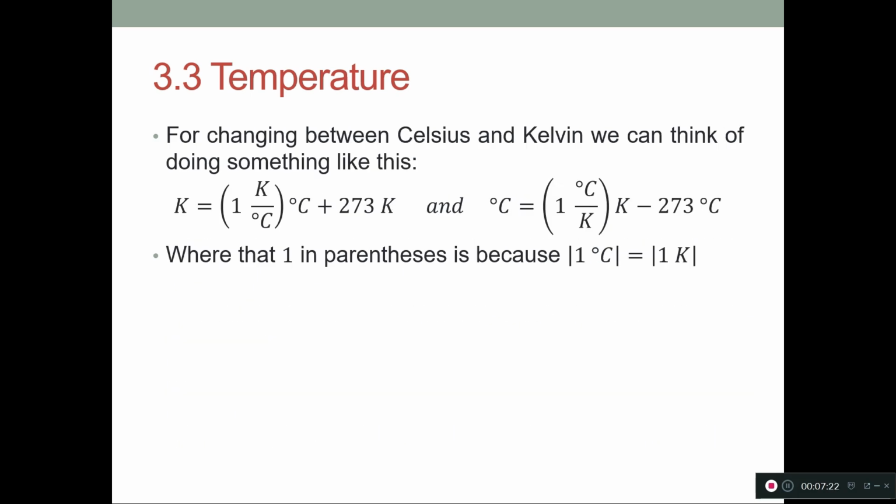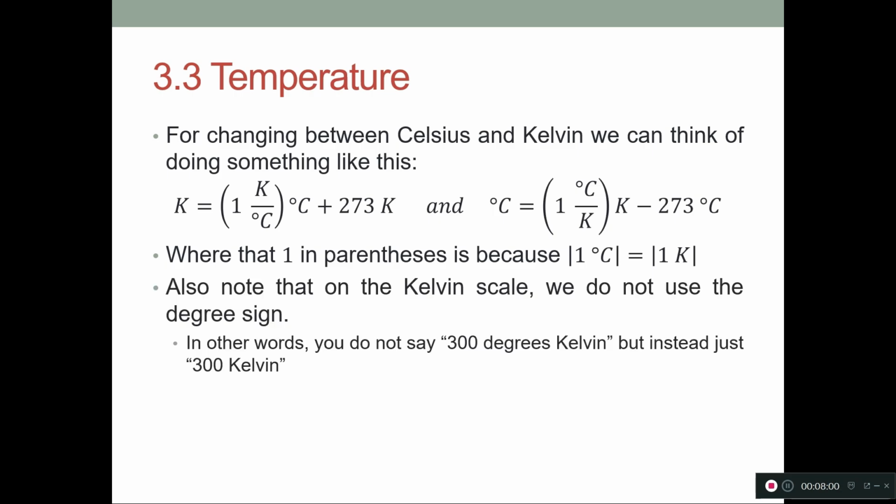And then when we're changing between Celsius and Kelvin, we can think of it something like this, where we have this conversion factor of 1 Kelvin per degree Celsius, or 1 degree Celsius per Kelvin. And what that tells us is that the size of a degree Celsius is equal to the size of 1 Kelvin. So the magnitude of a 1 degree Celsius change is equal to 1 Kelvin.